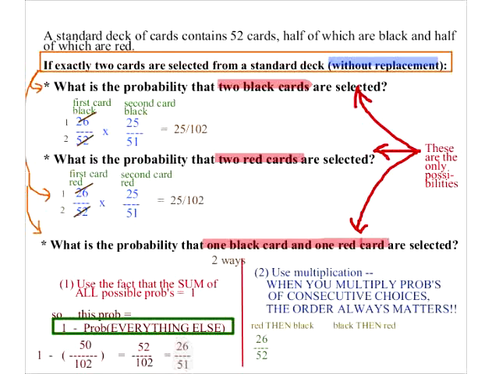If you pick that, there are 26 blacks still left because you took a red. So out of those 51 remaining cards, there's 26 black ones. And that's multiplication. And then this probability is the same, 26 blacks out of 52. And then if you took a black, then that means there's 26 reds still hanging around out of those 51.